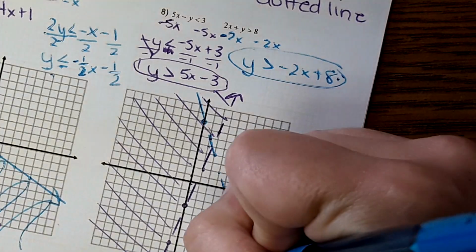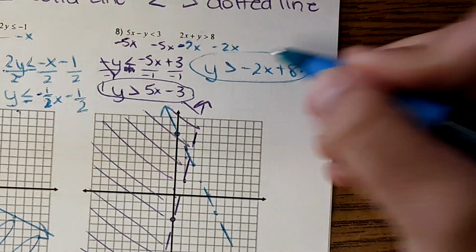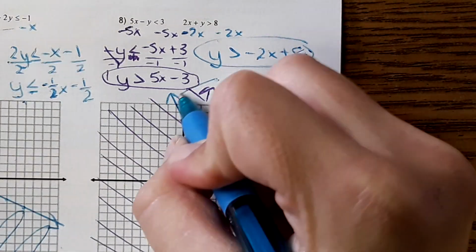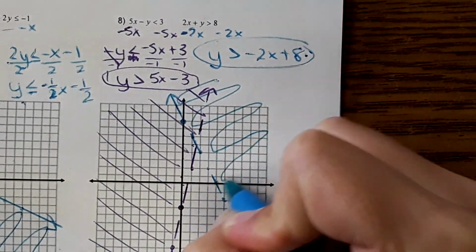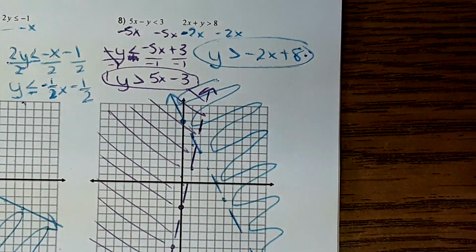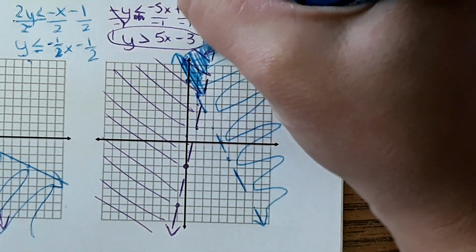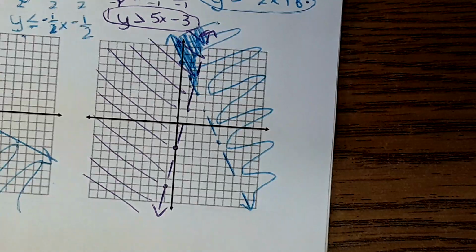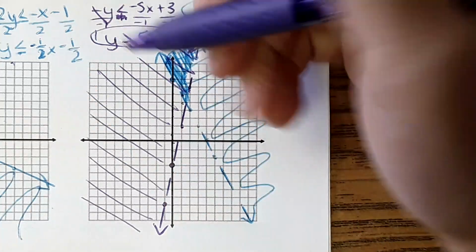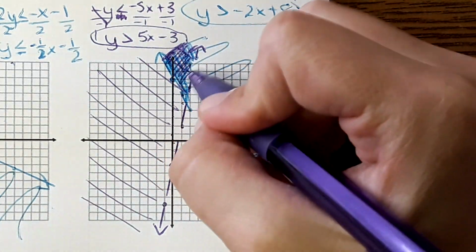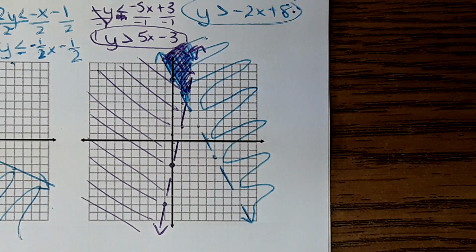Okay, dotted line again. And then y is greater than all those values, so I'm going to use my squiggly line over here. And then where it overlaps is your solution, so it's like this little pocket right here. There we go.